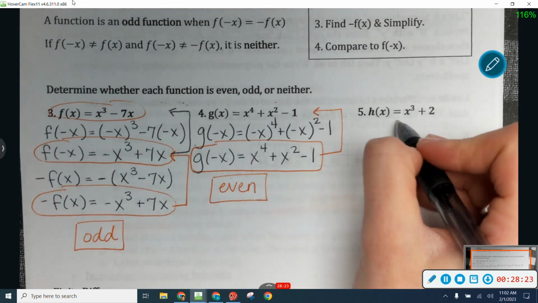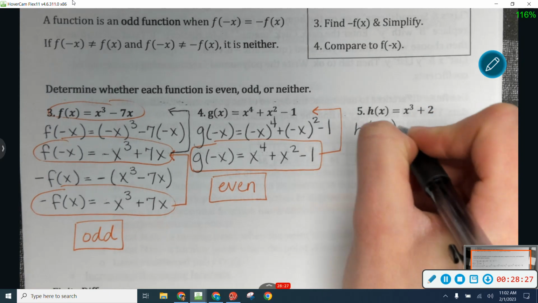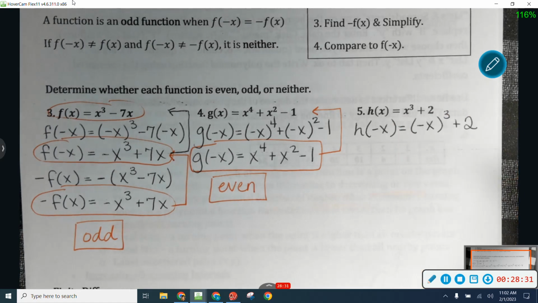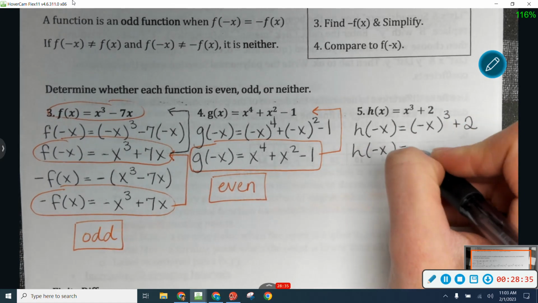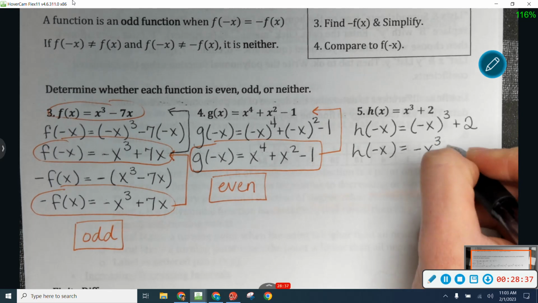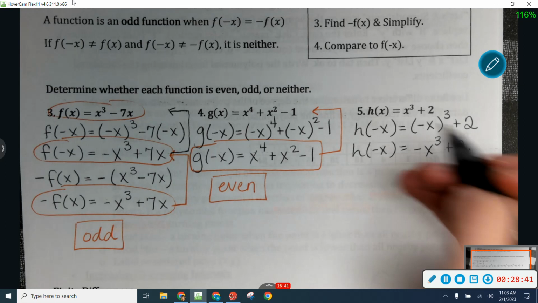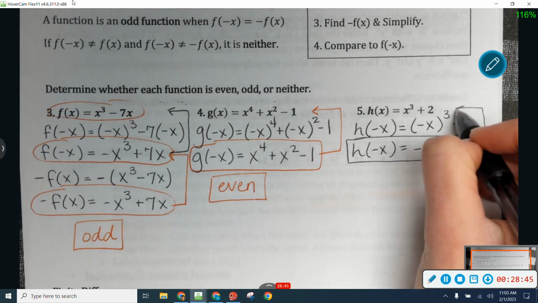So now h of x equals x cubed plus 2. I'm going to do h of negative x. That's negative x cubed plus 2. Is that equal to my original?